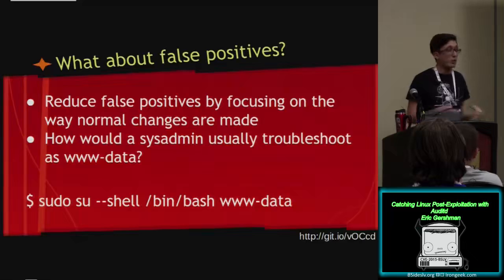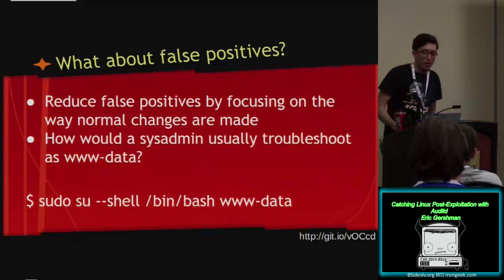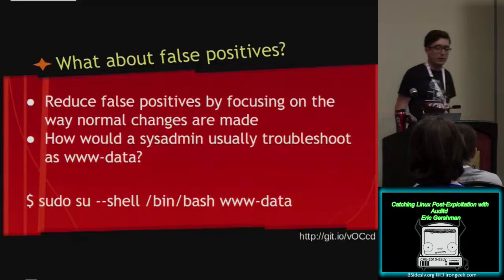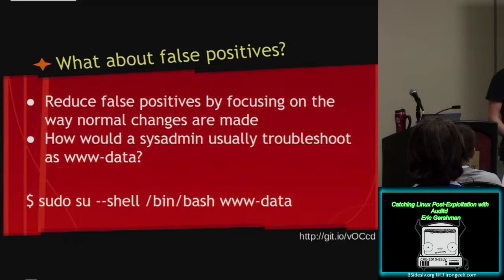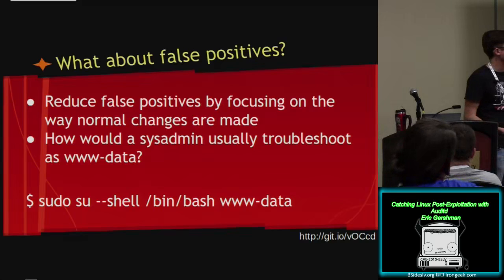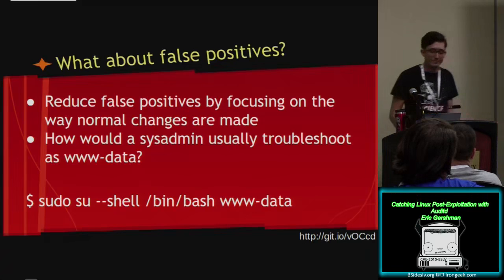So you might be asking, what about false positives? Really, we can manage false positives by focusing on the way normal changes are made to the system. So in this example, I created an example that a lot of sysadmins might use to troubleshoot a web server. They may use sudo su bin bash to become the web user so that they can run commands and troubleshoot a web application.